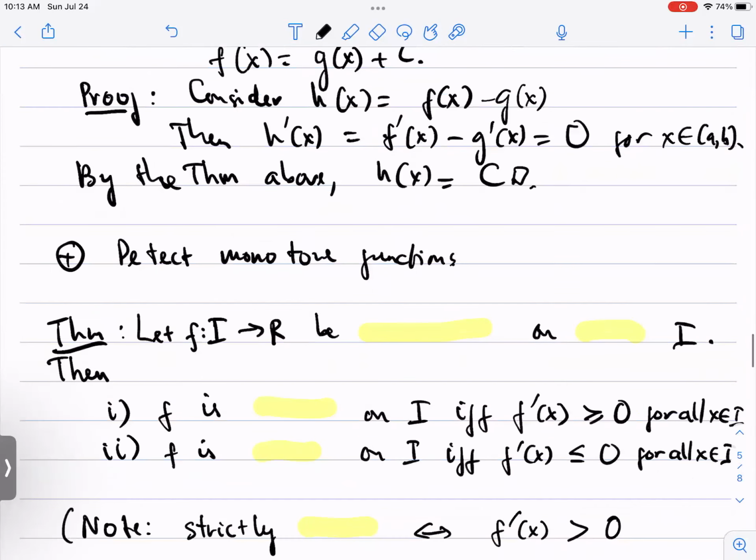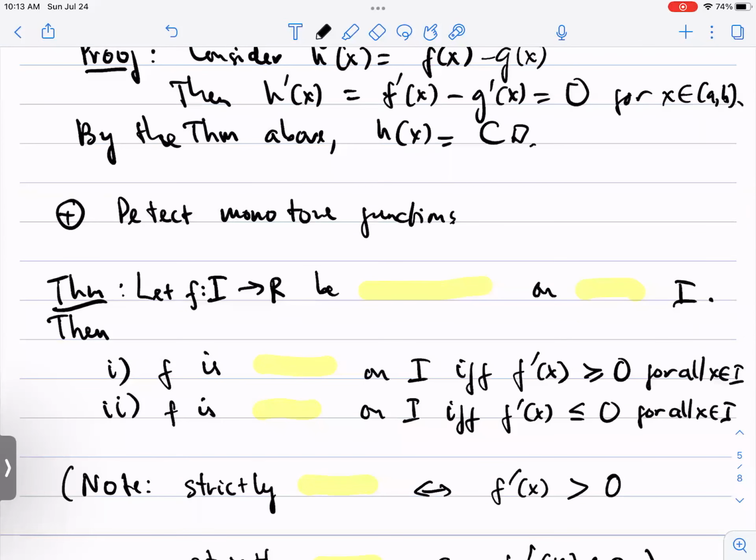Another application of the mean value theorem is to detect monotone functions. So here, let f be a function from some interval I to the set of all real numbers, differentiable on the interval.